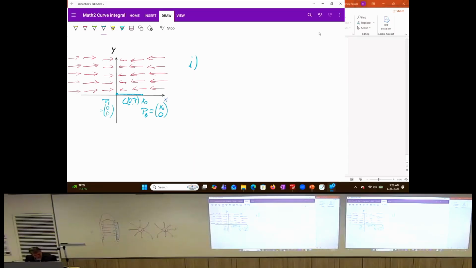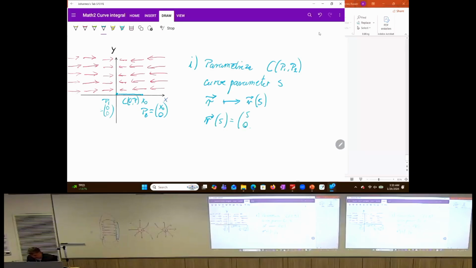So the first step is we parameterize our curve that runs from P1 to P2. And we denote our curve parameter as S. That means the general formulation is that we have a force as a function of the vector r, and we have a curve that runs along r. But we map that now to S, so that r will become a function of S. And our r of S is in our specific example given as S times the unit vector in x direction, and 0 in y.